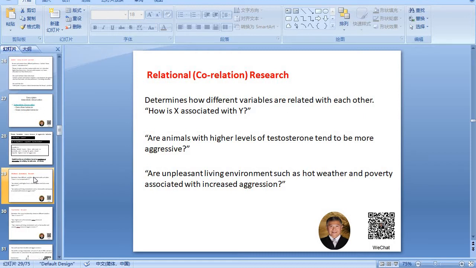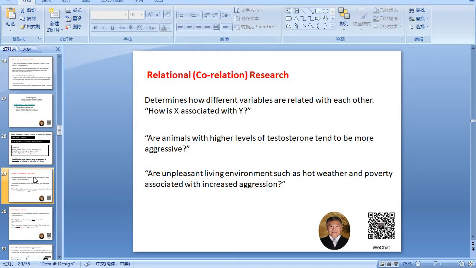For example, is there an association between people's body weight and their height? Is there a correlation between how tall people are and how much they weigh? I think there is. Taller people tend to be heavier.